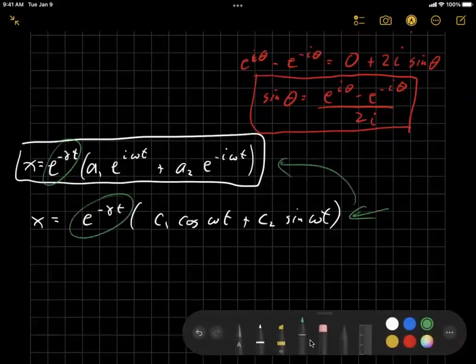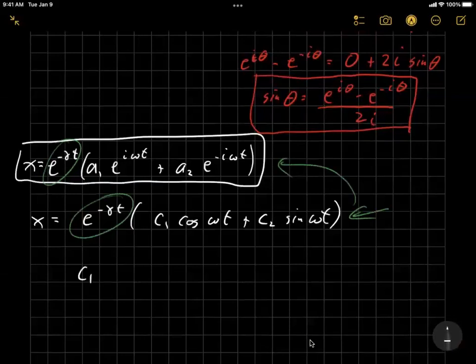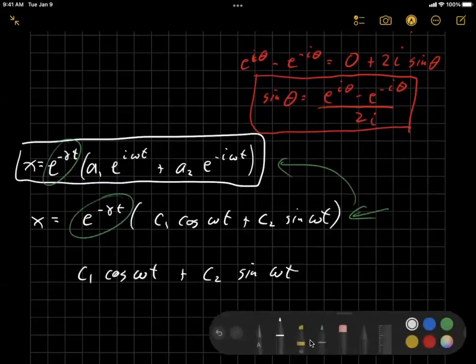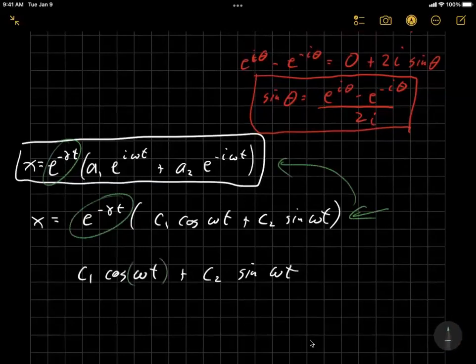So if we just start with C1 cosine omega t plus C2 sine omega t, you should realize that omega t is the angle. We know with an oscillator that angle is changing over time, which is why it oscillates.